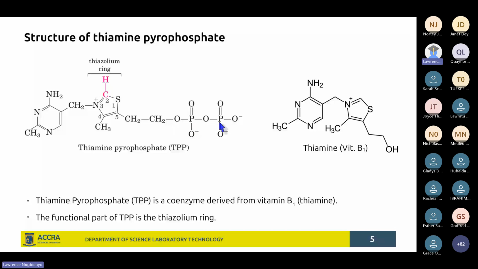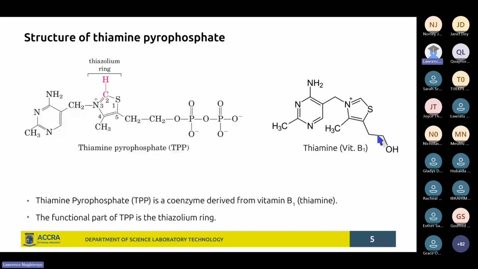All the other parts of the molecule are actually coming from thiamine. It's the same thing. The six-sided ring is the same six-sided ring you see. That CH2 you see there is the same as that. And the five-sided ring, the thiazolone ring, is the same thing which you see in thiamine pyrophosphate. And at the end, CH2, CH2, even though it's not written, there will be two CH2 there.